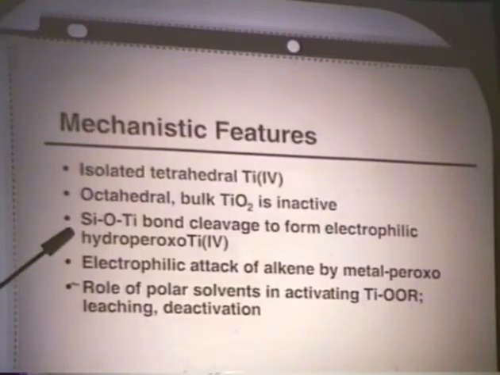It appears that the silicon-oxygen-titanium bonds in these materials, one of them at least, is cleaved with hydroperoxides to form a titanium 4 hydroperoxide intermediate, which is then involved in the attack on the substrate. Solvents play a role in this, and they seem to activate hydrogen peroxide or alkyl hydroperoxides, but they also appear to be involved in leaching and deactivation of these materials.